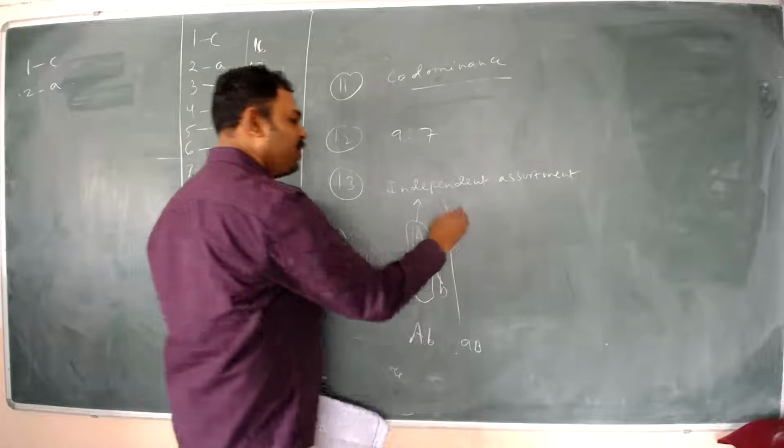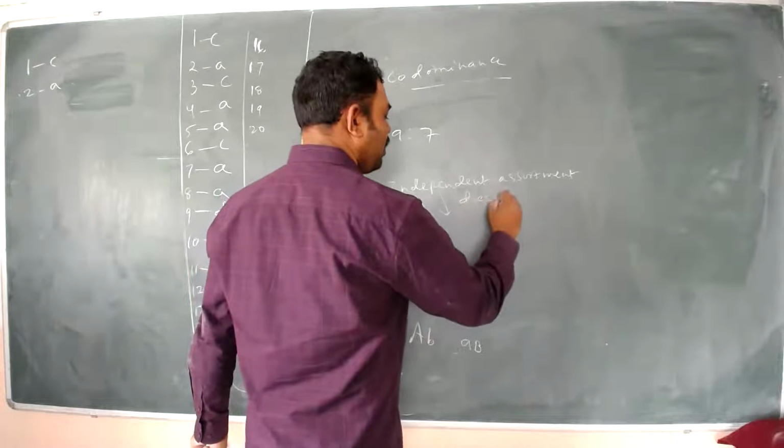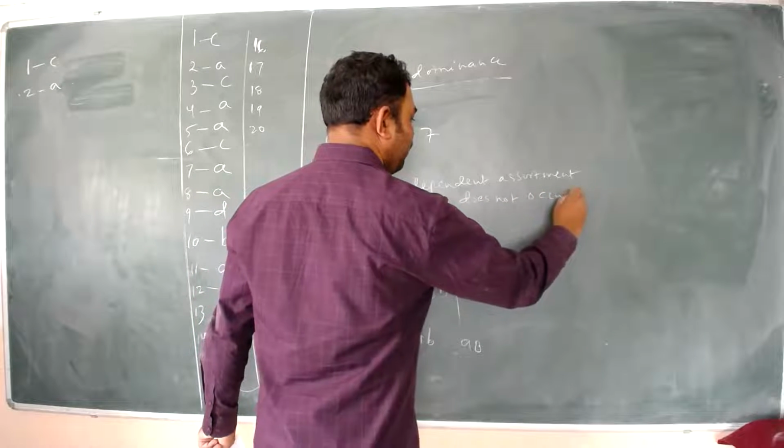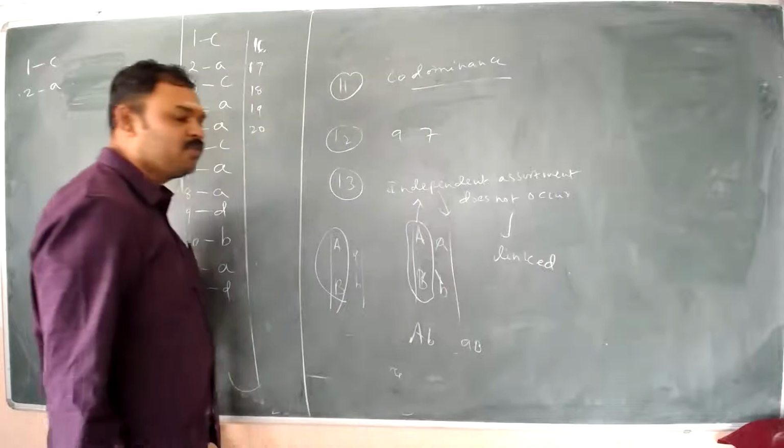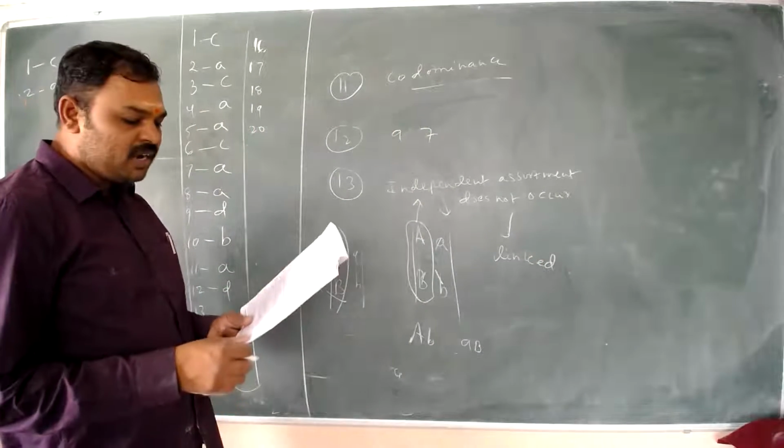Independent assortment does not occur whenever the genes are linked. When the genes are linked and present on the same chromosome, independent assortment does not occur.